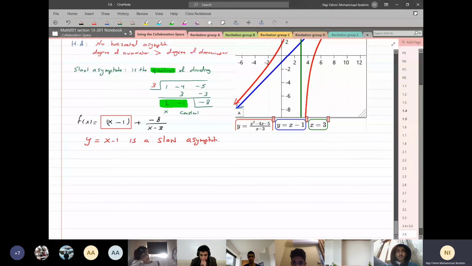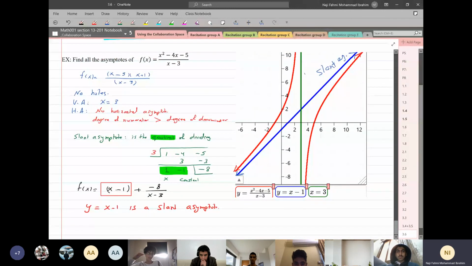When do we have a slant asymptote? The degree of the numerator is 1 more than the degree of the denominator. Thank you very much. And how can I find the slant asymptote? It's the quotient of what? Of the division.